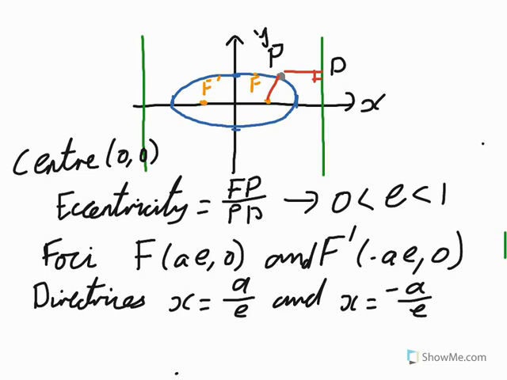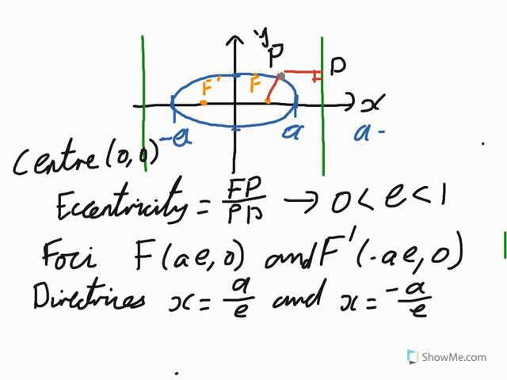And what are A and E? Well, A is what's called the semi-minor axis, and so that's the distance from the centre to the outside.